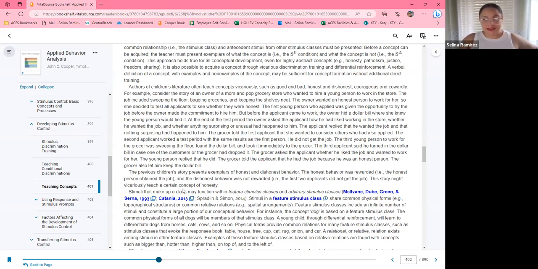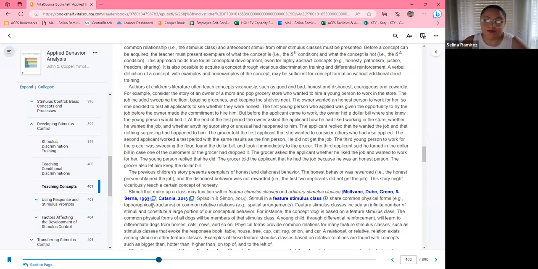Okay, this is fun. Stimuli that make up a class may function within feature stimulus class, arbitrary stimulus class, and relational stimulus class. So stimuli in a feature stimulus class share common physical forms.